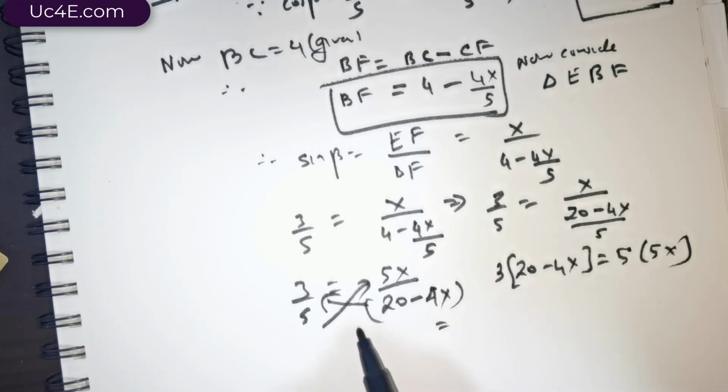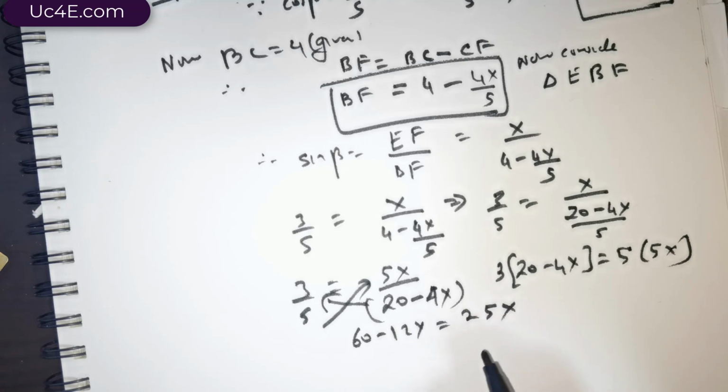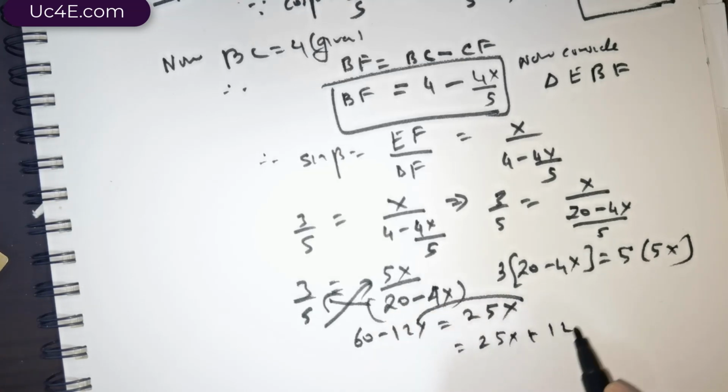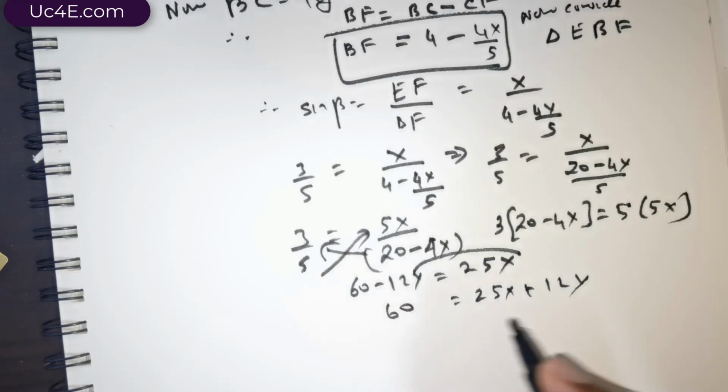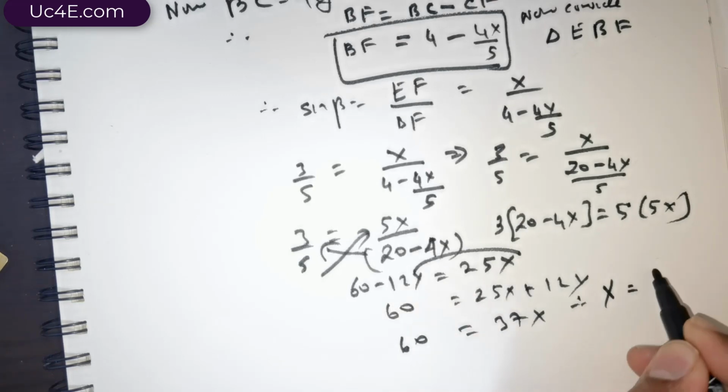This is 60 minus 12x equals 25x. Bring this down: 25x plus 12x is 37x, and on the other side is 60. Therefore, x is equal to 60 divided by 37.